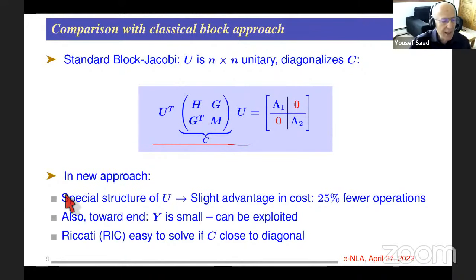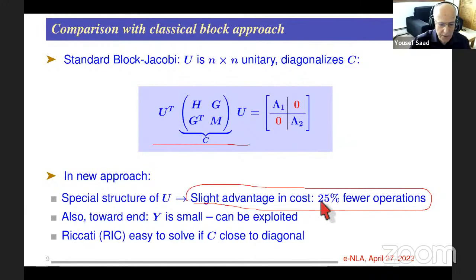Okay. And in the new approach, we have a special form of problem. This could be taken advantage of, with a slight advantage in cost. I will talk about that later. Also, towards the end, the G tends to be small, and therefore the Y tends to be small. And this could also be exploited.